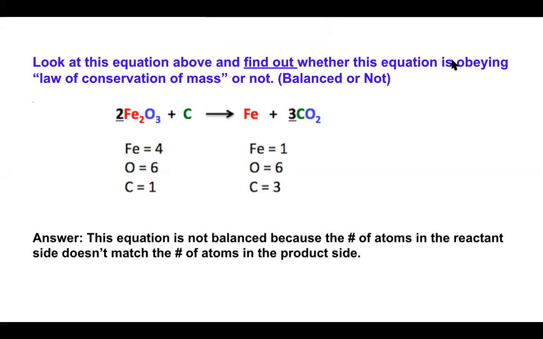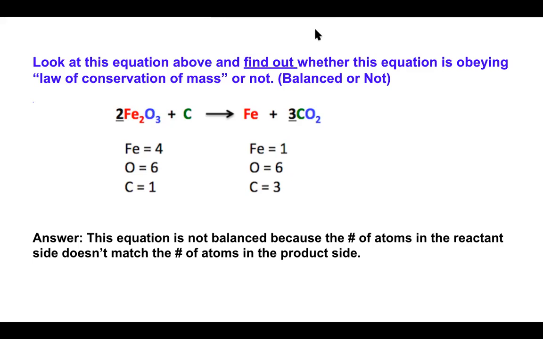Okay, so look at this example. A chemical reaction is given. So let's count how many iron, oxygen, carbon atoms are there before and after. Do you see?